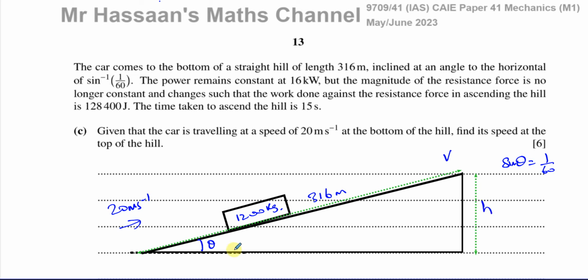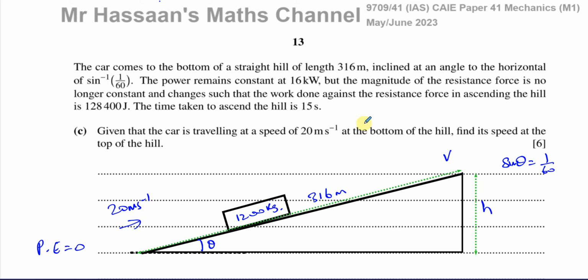We're going to deal with work, energy, and power. We're going to work here with what's called the work energy principle. The other thing I'm going to do is call this the point of zero potential energy. Then we're going to deal with energy here. So what else do we need to know?